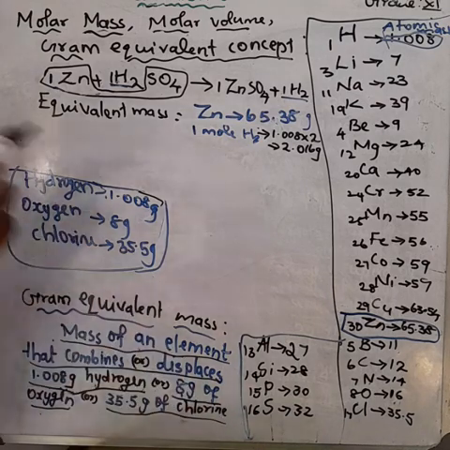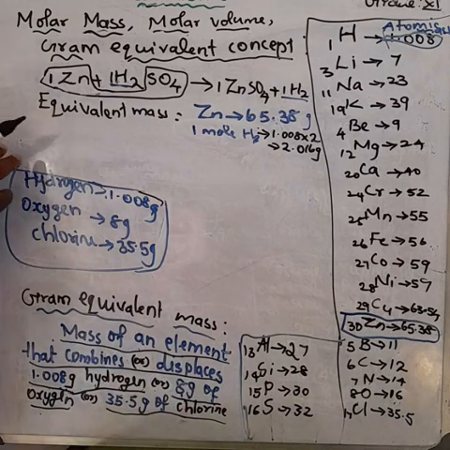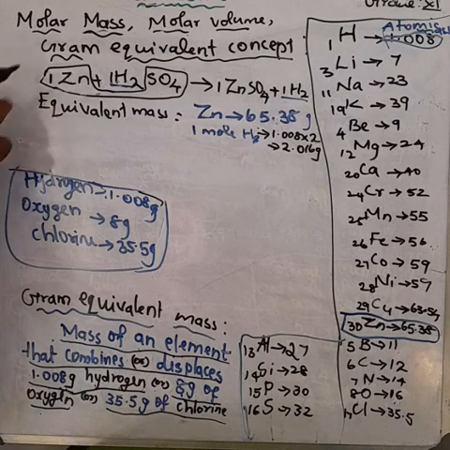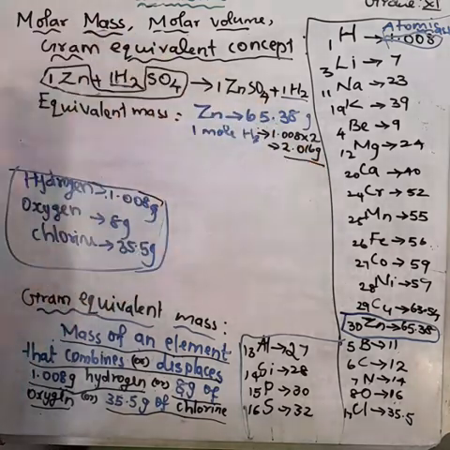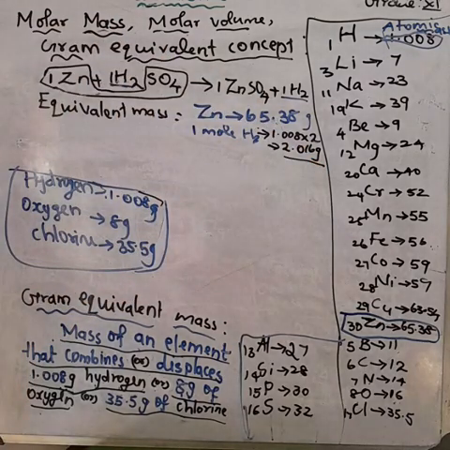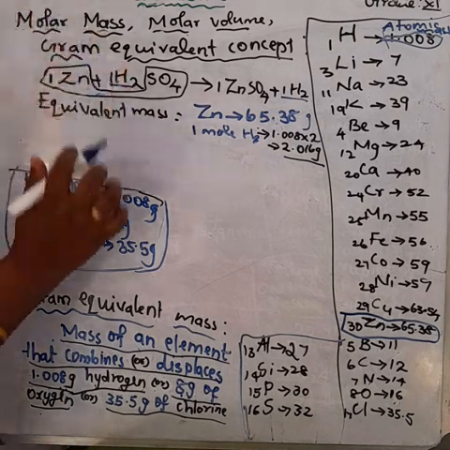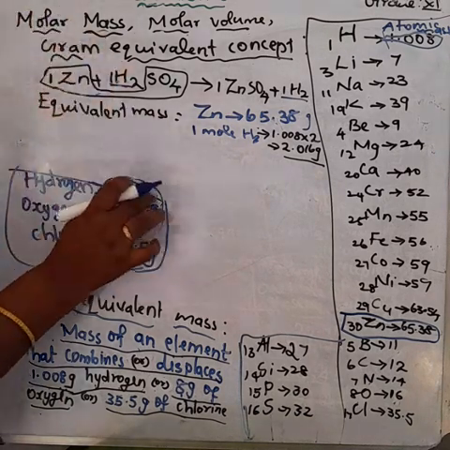Here, how many gram of hydrogen are displaced? 2.016 gram of hydrogen is displaced, but we want how much zinc displaces 1.008 gram of hydrogen.